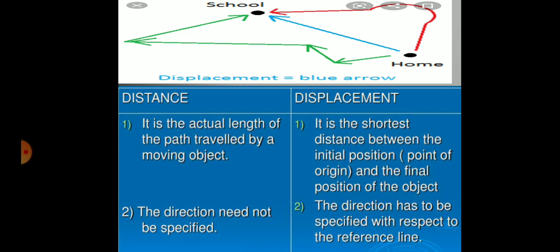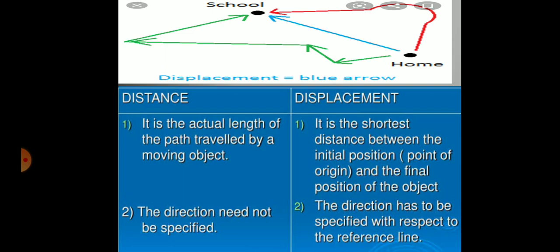Now, we have already seen that the distance is the actual length of the path traveled by a moving object, and displacement is the shortest distance between the initial point and the final point of the object. So here you can go to school from the home along this red line or along this green path.